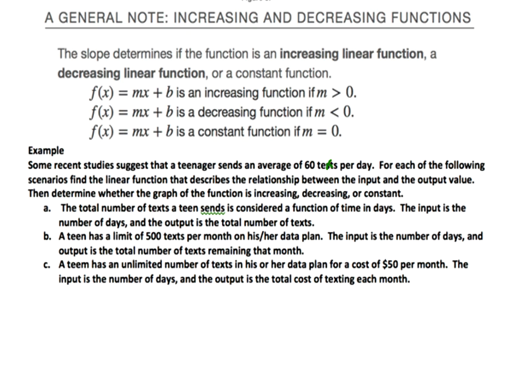Okay, so the total number of texts a teen sends is considered a function of time in days. So let's just sketch a picture of that. So we have two axes here.